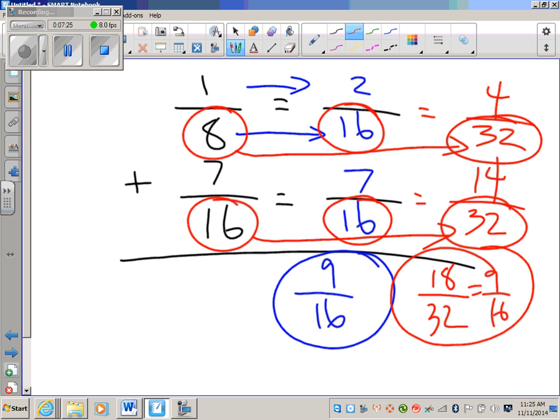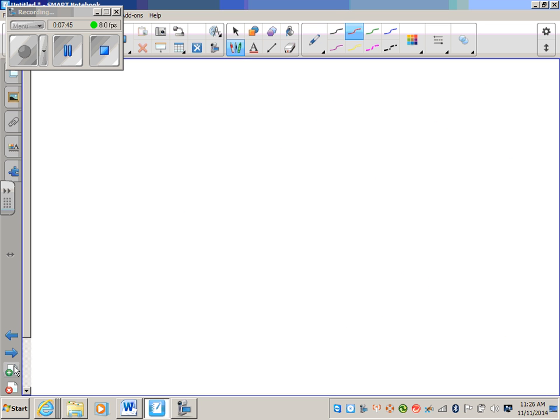Always. Now, using the smallest or least common denominator here won't guarantee that you won't have to simplify. There are some cases in which you'll still have to simplify. But at least you give yourself a chance of not having to worry about it. Okay? I'll give you one to try.